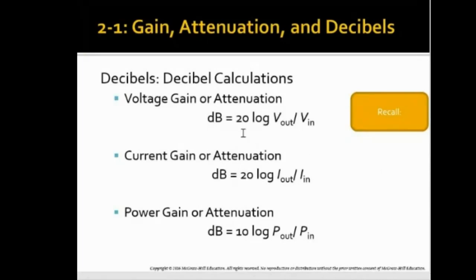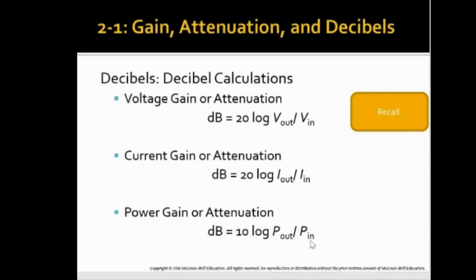This is the equation: 20 times log base 10 of output voltage divided by input voltage, or just your gain. For current, you have the same equation: output current divided by input current, log base 10 of this times 20. But when it comes to power, the gain or attenuation is 10 times log base 10 of output power over input power.